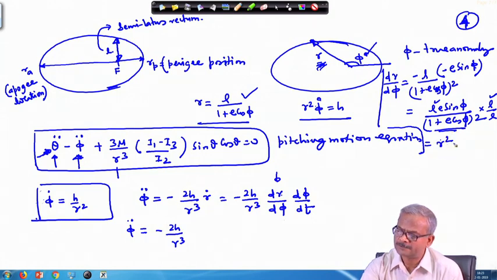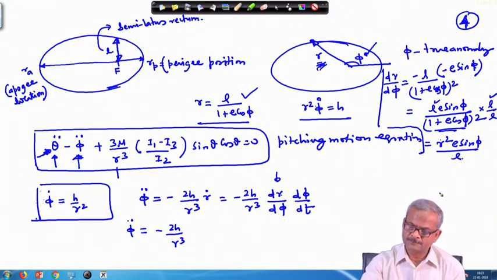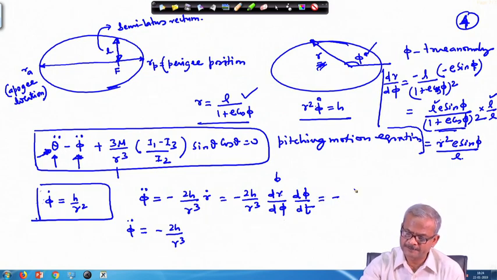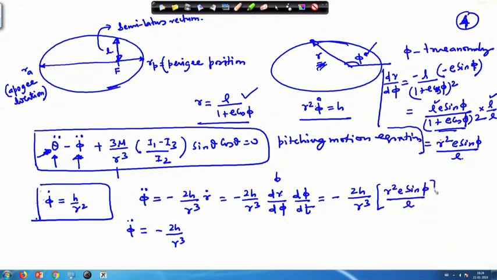And the rest is e sin phi divided by L. So, this is the quantity which enters here, 2h by r cube and then r square e sin phi divided by L, and this quantity is phi dot, d phi by dt. This quantity is nothing but phi dot.